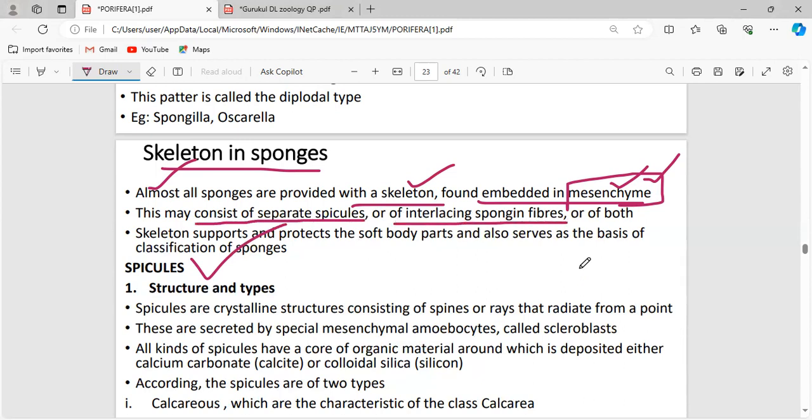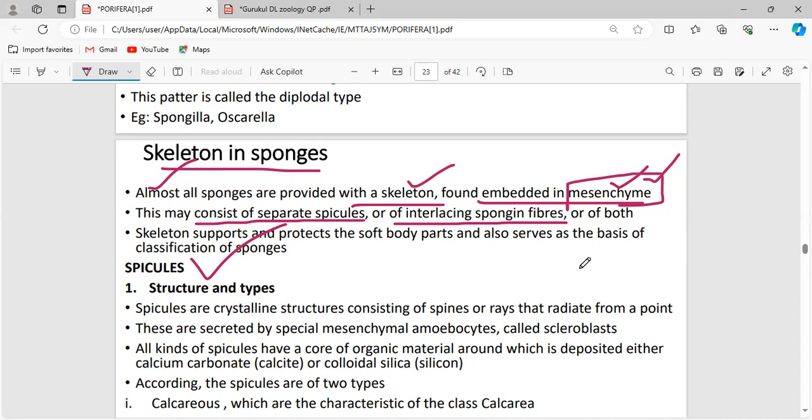With respect to the skeletal system of sponges under Porifera, the skeletal system is either made up of spicules or made up of spongin fibers. In some sponges, the skeletal system contains both the spicules as well as the spongin fibers. Clear?